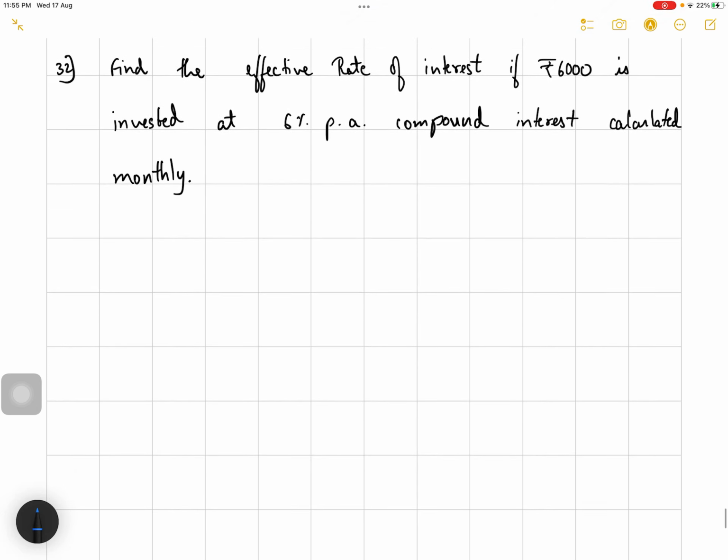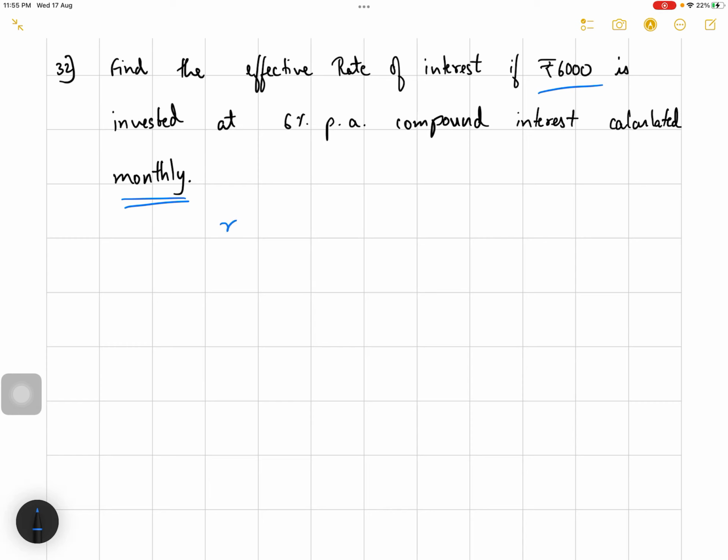Okay, so let's see the next problem. Find the effective rate of interest if 6,000 is invested at 6% per annum, compound interest calculated monthly. How much is invested? We don't need it. You only need R, and how many times it is calculated in a year.